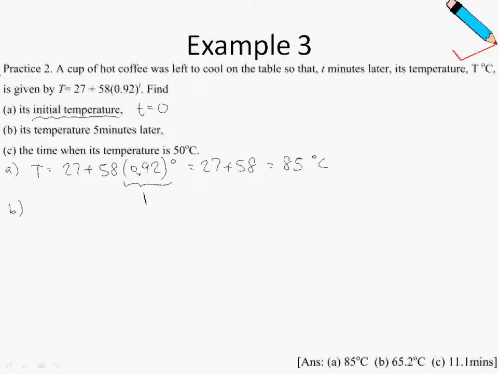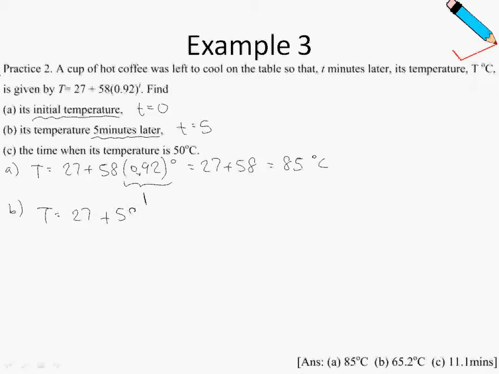Now for part B, we want to find the temperature 5 minutes later. At time 0, this is the temperature which we found in part A. So 5 minutes later implies that we need to substitute small t equals 5.